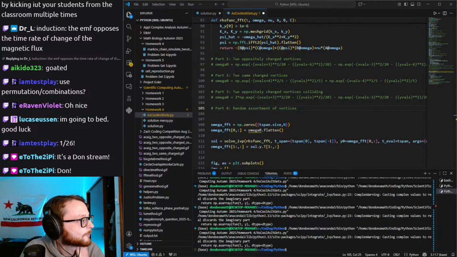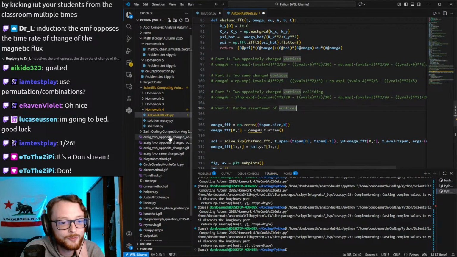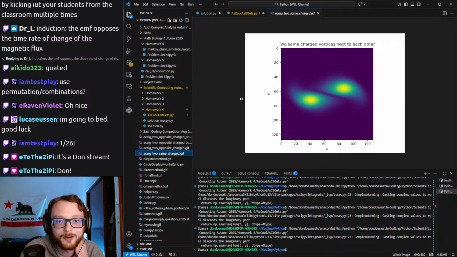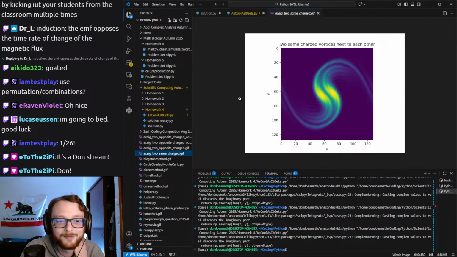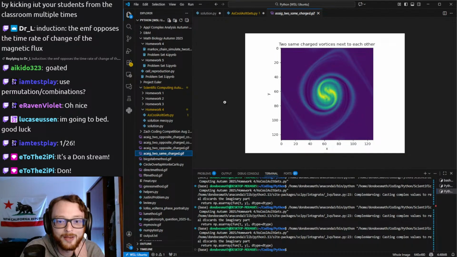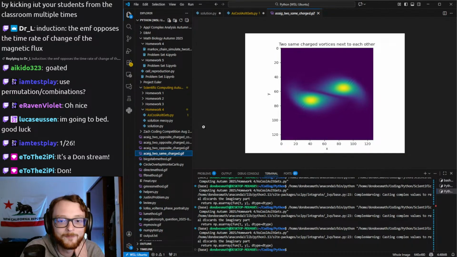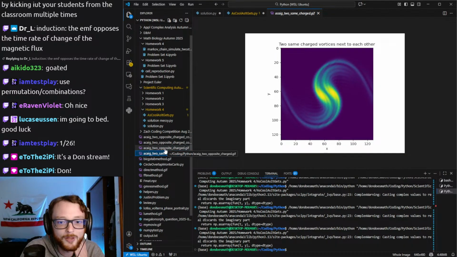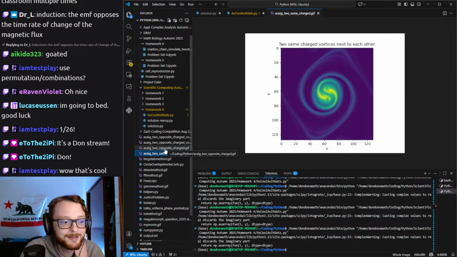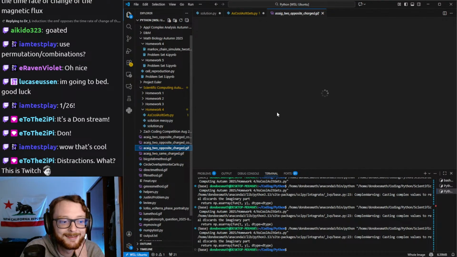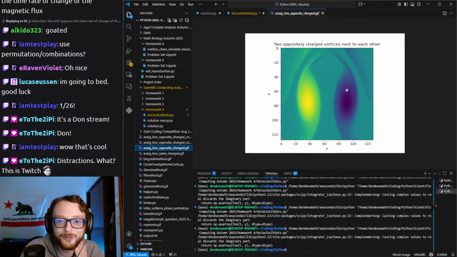But we've been making some simulations. I think this one's my favorite one so far. They blend together. We've got this one too with spinning in different directions.